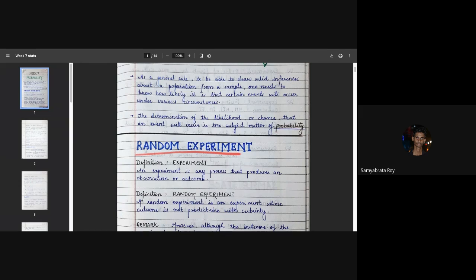But all the possible outcomes are known to you. Example, you are tossing a coin. You know that either head will appear or tail will appear. All possible outcomes are very much known to you, right?